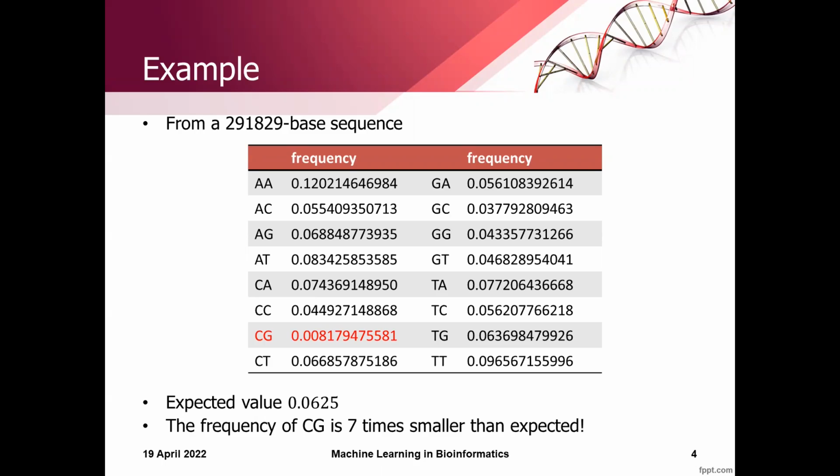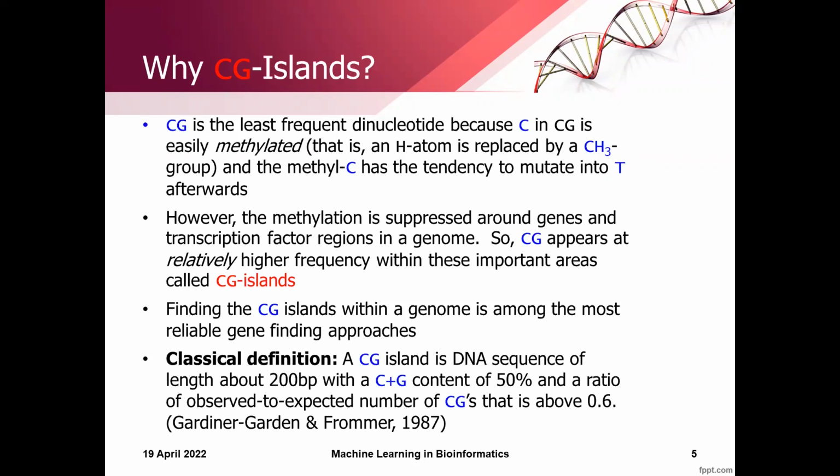If we have a coding segment of DNA, then the probability of CG is much higher. You could answer it, it's not so hard. As you said, chemically, CG pair usually tends to mutate to TG.